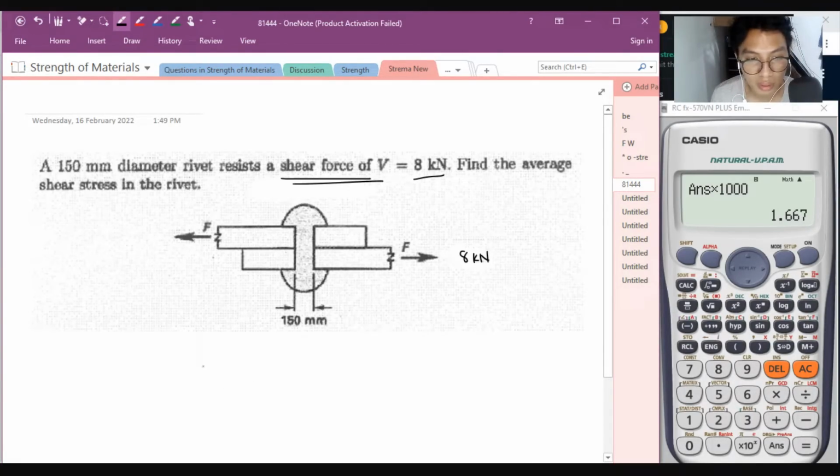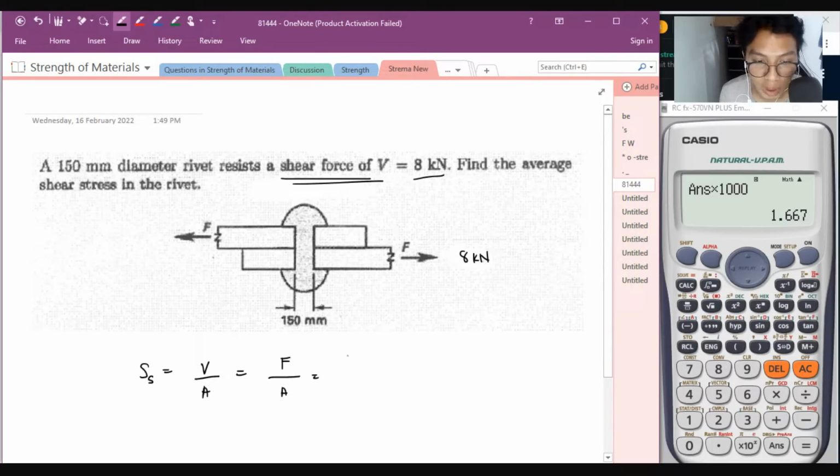Okay. So, ang hinahanap dyan is the shear stress. Paano ba ang shear stress dito? SS na lang. Shear stress. Oh, that is equal to V divided by area. Now, hindi naman sinabing double shear. Okay? So, that is force over area.